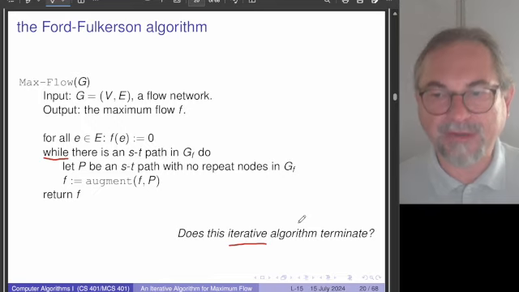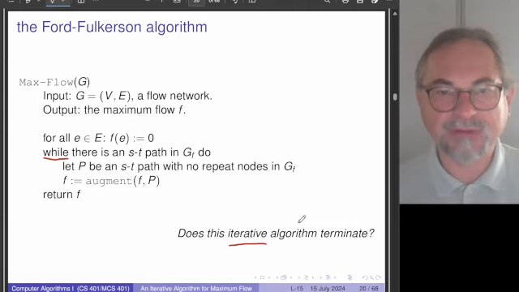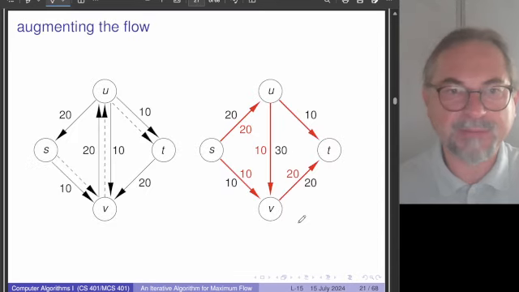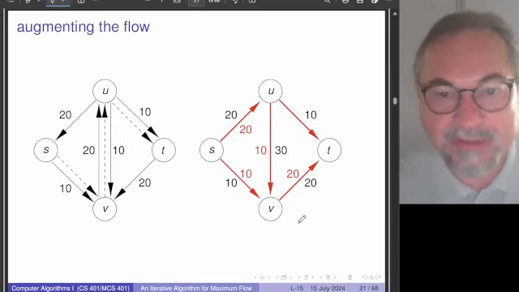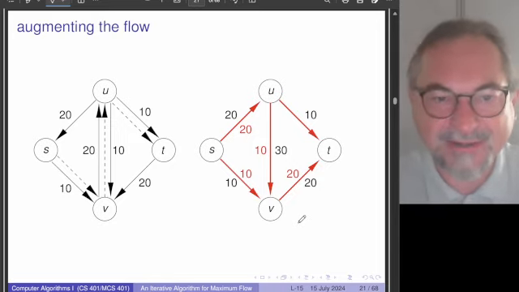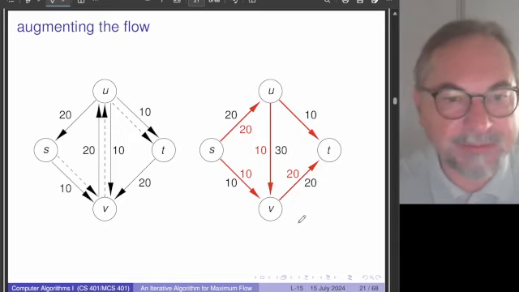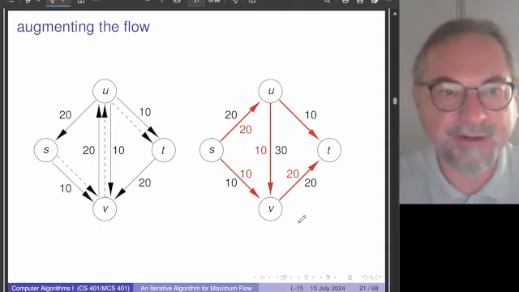So for the remainder of this pre-recording, we will look at that question. Does this iterative algorithm terminate? Okay, so there will be a very extensive running example in the second half of this lecture in the next pre-recording. But let's illustrate some of the steps.